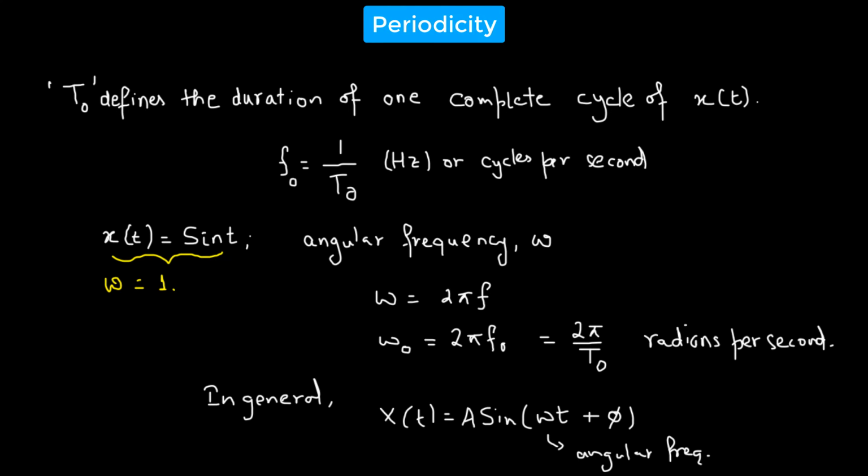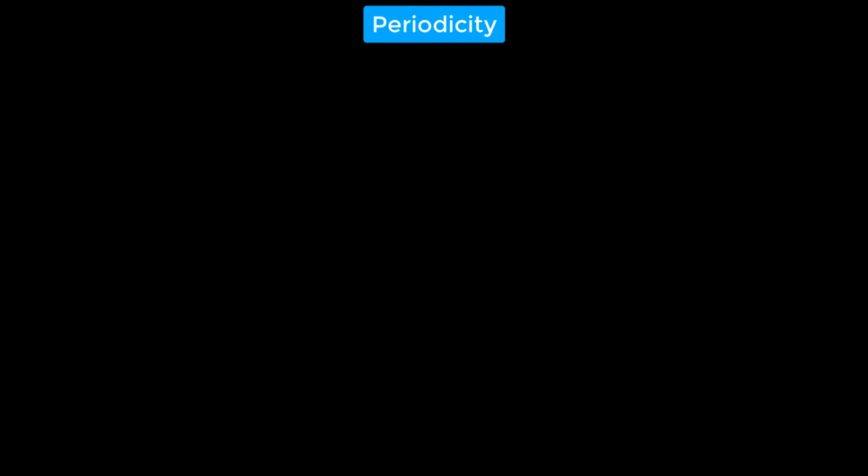So far we have discussed the periodicity of a signal which is continuous in time. So we can talk about the analogous part of the continuous time signal, which will be a discrete time signal. So let us consider a discrete time signal given by x of n.